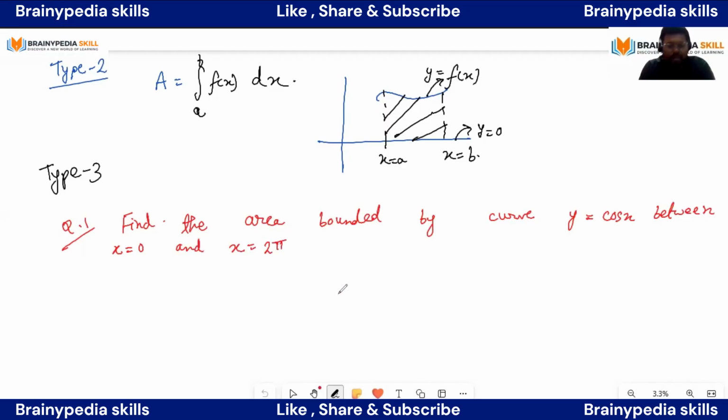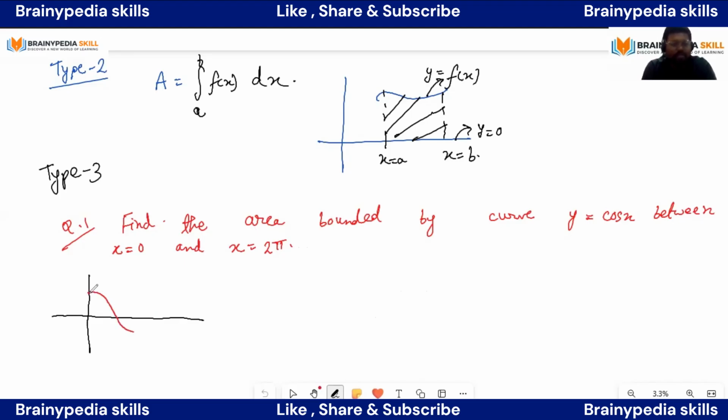So first of all, you need to draw the graph, right? So let's draw the graph, guys. We know that at 0 degrees, cos is 1.